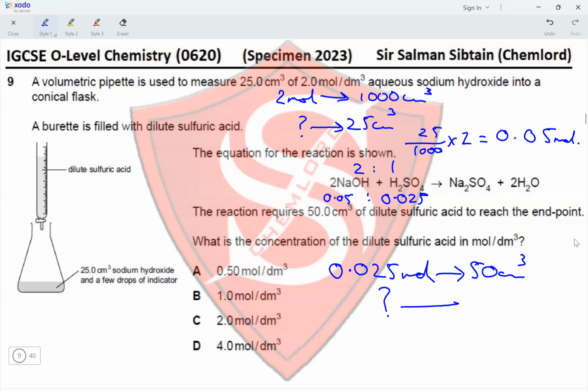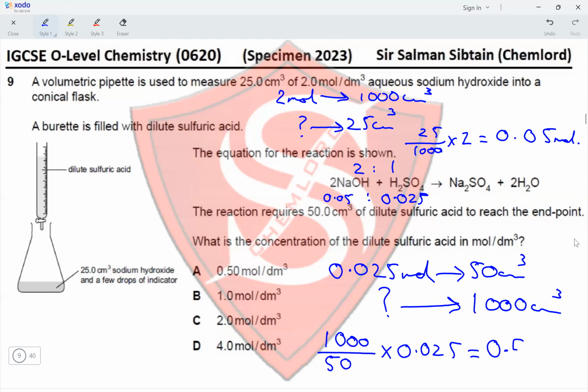How many moles would be present in 1000 cm cubed? Because this would give us the concentration. So this would become 1000 upon 50 into 0.025, giving us a value of 0.5 mole per dm cubed, making option A the correct option for this question.